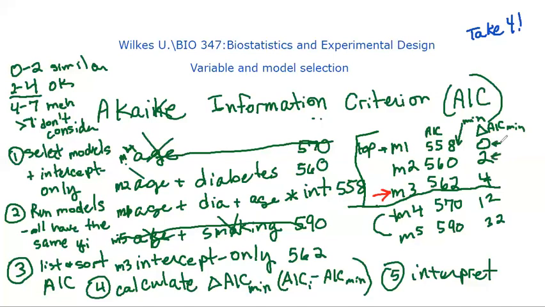Given these two are close, the only difference is this interaction here. That's telling me that by adding the interaction, we actually didn't improve things that much. We could actually ignore the interaction and still pretty much get the same model. Unfortunately, if we got rid of that, this would make this the minimum model. This would be 0 now. This would be 2, which means our intercept is creeping up even better.